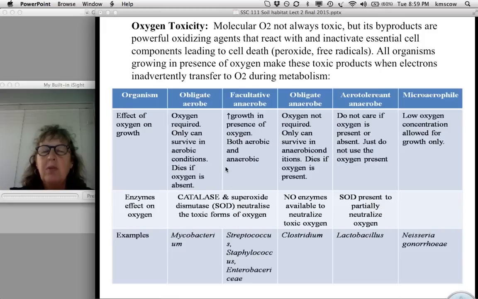So both of these groups of organisms that can function in the presence of oxygen have enzymes that will actually work to detoxify these toxic chemicals that form in the presence of oxygen. These enzymes include catalase and superoxide dismutase, which are generated by the organisms and will disable these compounds and detoxify them.